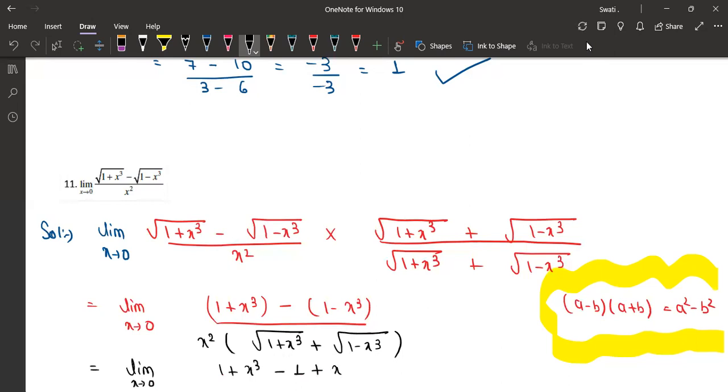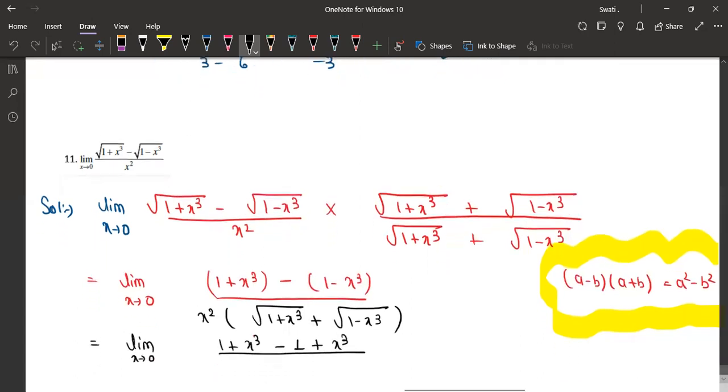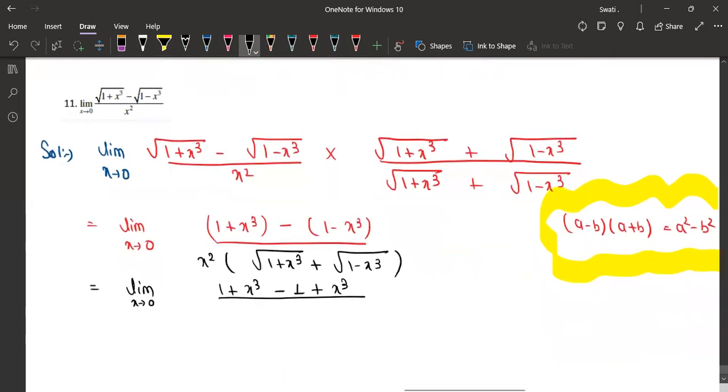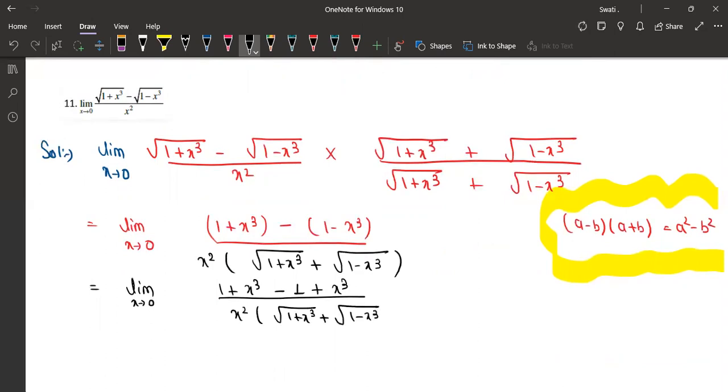Of course, this is x cube, and in the denominator, we have a different thing. Let's just see that. Yes, so this will become x square, and here we have root over 1 plus x cube plus root over 1 minus x cube. Clearly, this 1 and minus 1 will get cancelled.